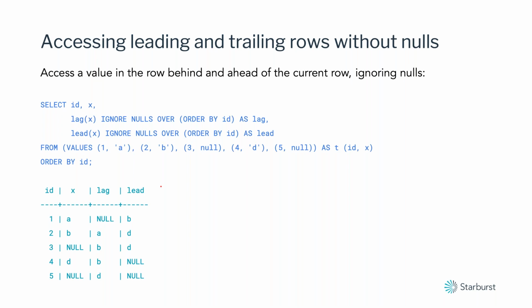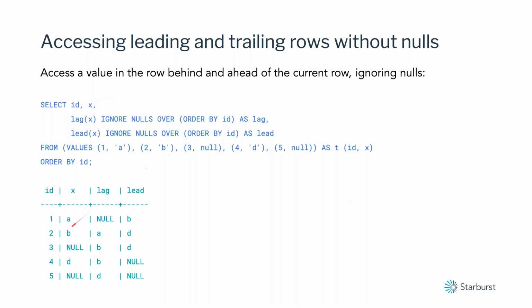But sometimes we don't want the nulls. We want to skip the nulls. So you can use this ignore nulls keyword before the over clause to say lag ignore nulls over, or lead ignore nulls over.